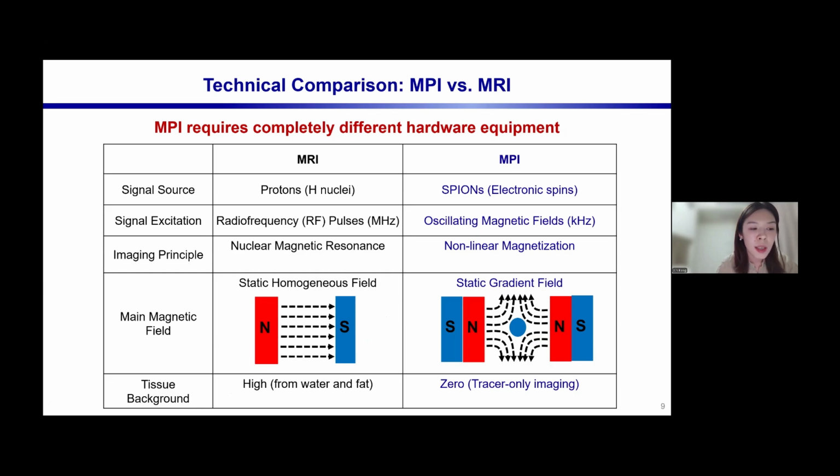MPI, by contrast, has zero background because there are no naturally occurring magnetic particles in our body. So we only see the tracer in our image. This results in a very high contrast hotspot image, more like a PET image, but without any ionizing radiation.